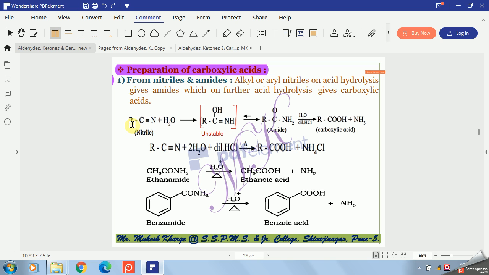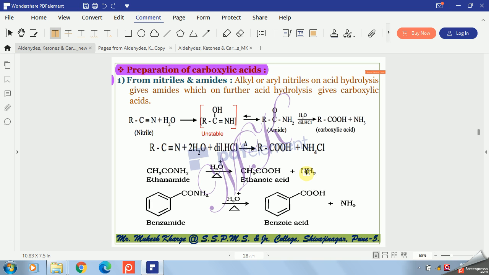The IUPAC name is ethane nitrile, with 2 carbons. So ethane nitrile gives CH3C(OH)=NH, the imine of that ethane nitrile, and here we get CH3CONH2, that is ethanamide, and this ethanamide undergoes hydrolysis in presence of acid to give CH3COOH, ethanoic acid, acetic acid, plus ammonia.